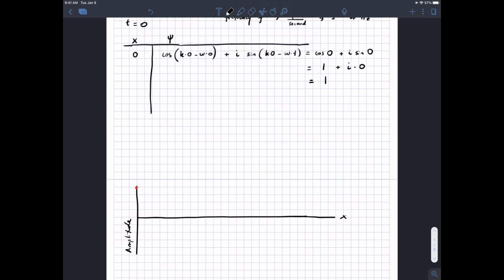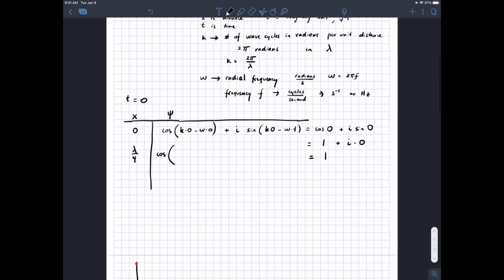Okay, now let's do the same thing. Let's say that our distance is 1/4 of the wavelength. All right, so the wave function should equal cosine of, now remember that k is equal to 2 pi radians divided by the wavelength. And then our distance is wavelength divided by 4 minus omega times time equals 0, plus i sine of 2 pi divided by wavelength times wavelength divided by 4 minus omega times 0.